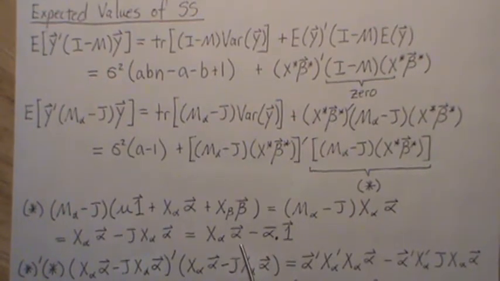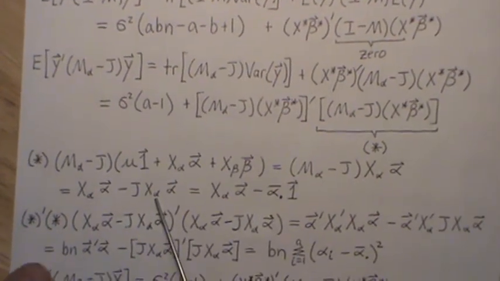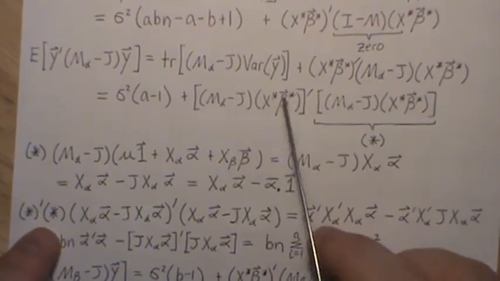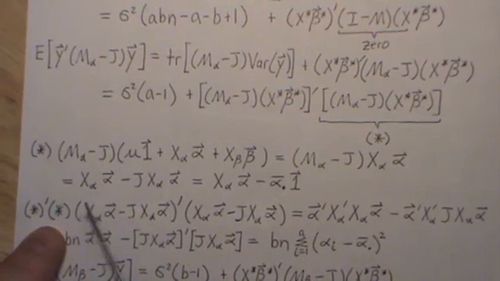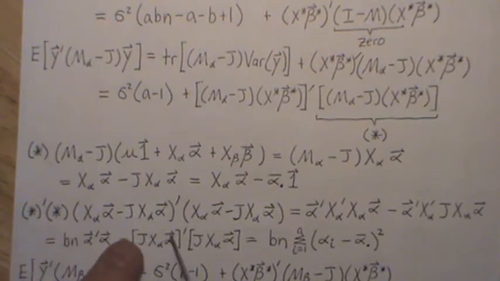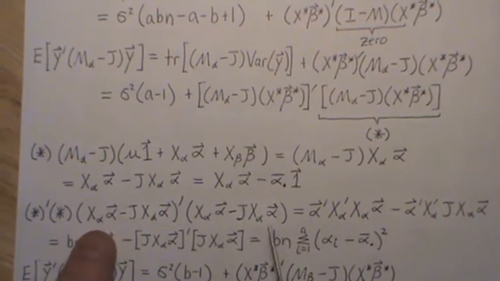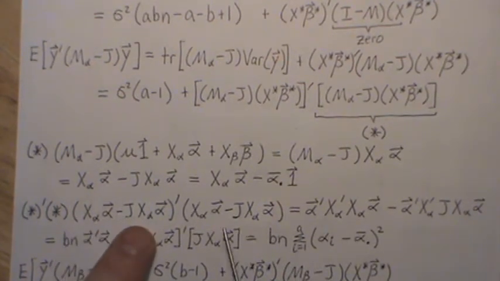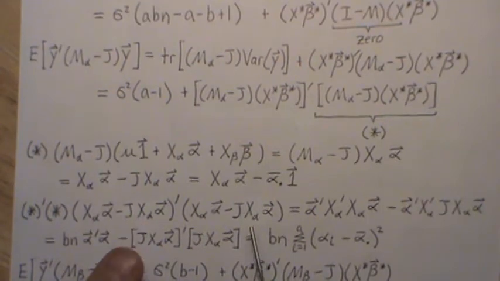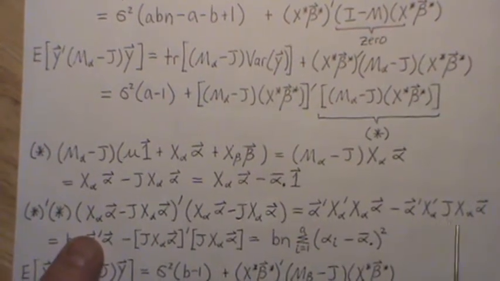Now we'll use this one here because it's easier to see initially. We need to take this transpose times this. This was star, and this is star transpose star, which is this. When you multiply this out, this times this, and this times that, and that times that, two of those terms cancel, and we're left with just one of those.